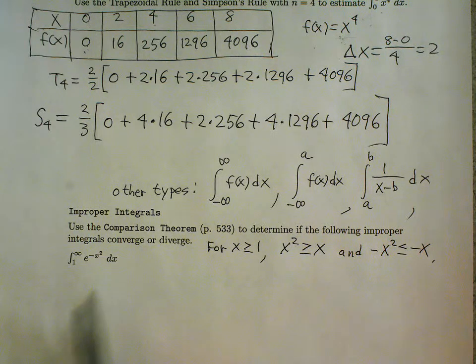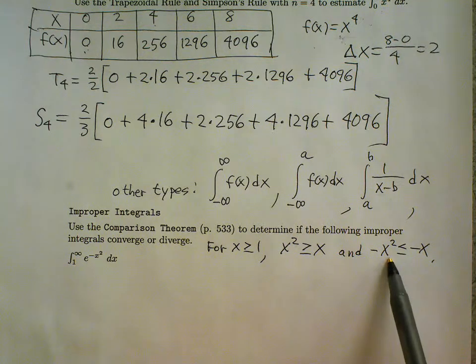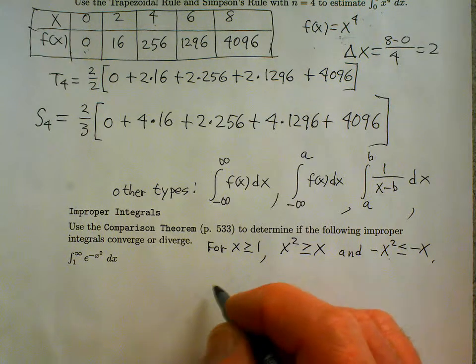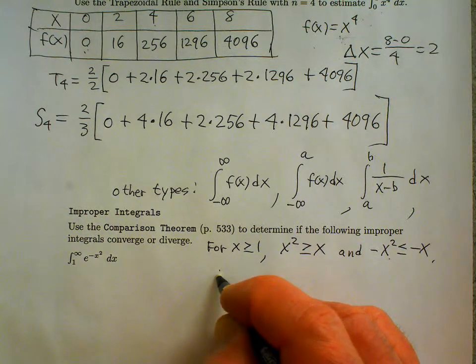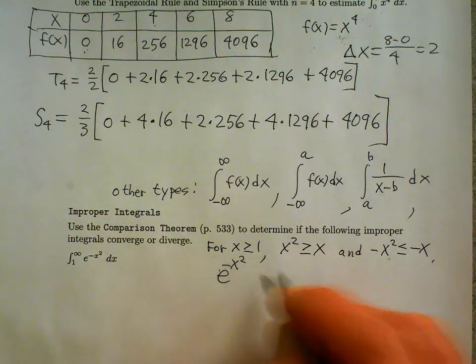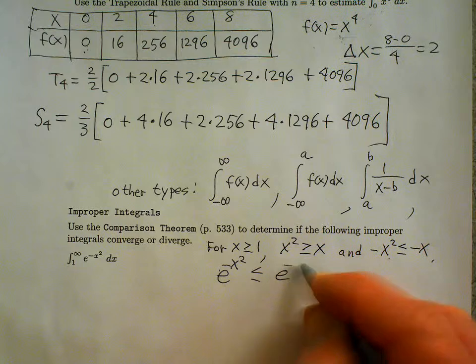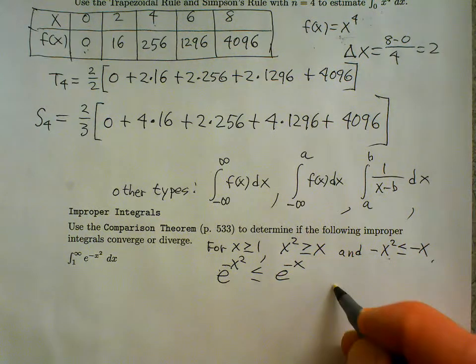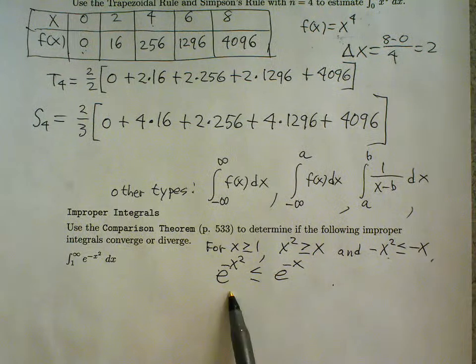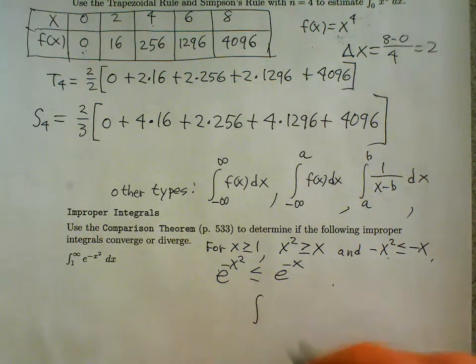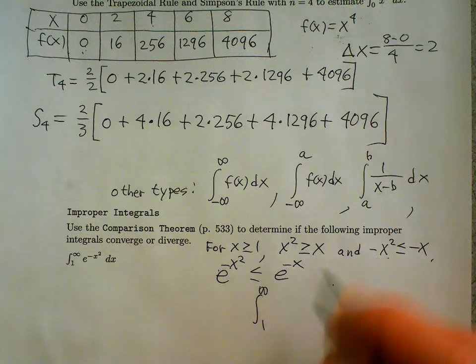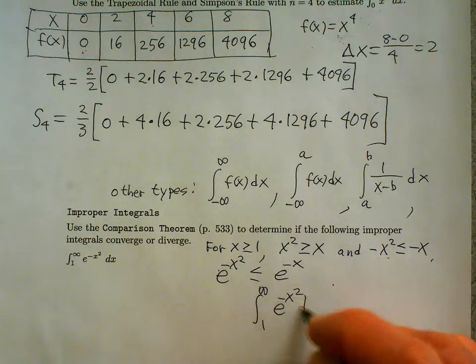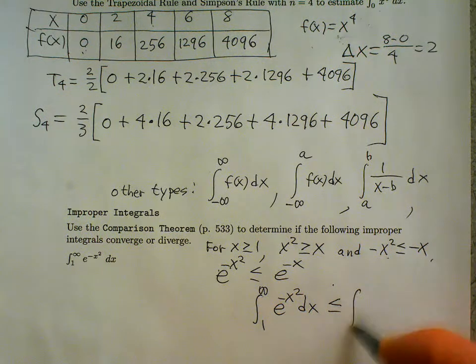Since the function e to a variable is increasing, then we know that e to the negative x squared is less than or equal to e to the negative x. So that would have to mean that the improper integral of e to the negative x squared is less than or equal to the improper integral of e to the negative x dx.